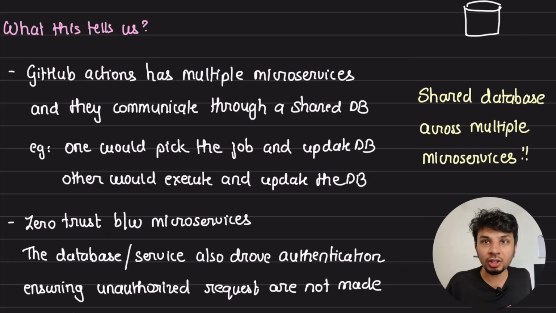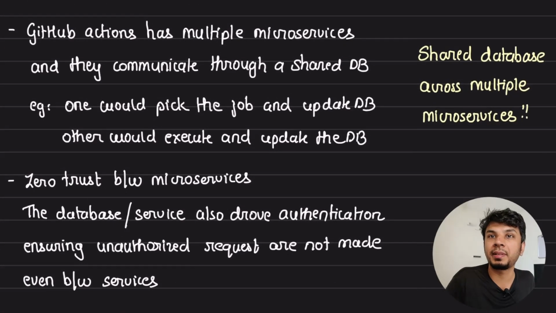And there is nothing wrong with it so long as an outage in one does not let your entire infrastructure go down. So this is a very common way to do it, and looks like GitHub, if not all services were sharing a database, then at least through a synchronous dependency. So either directly dependent on the database or indirectly through a synchronous dependency, they were dependent on this database.